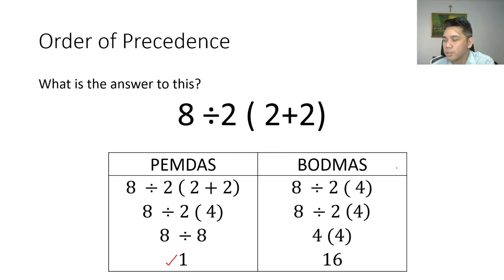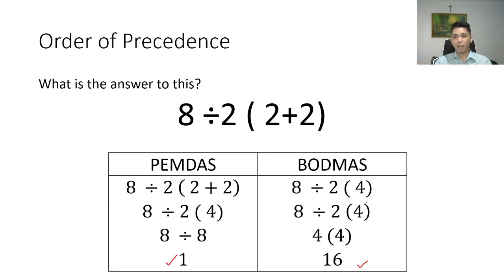BODMAS means bracketing and then order. Order is the exponents, and then division, multiplication, addition, and then subtraction. If we use BODMAS, the answer will be 16.